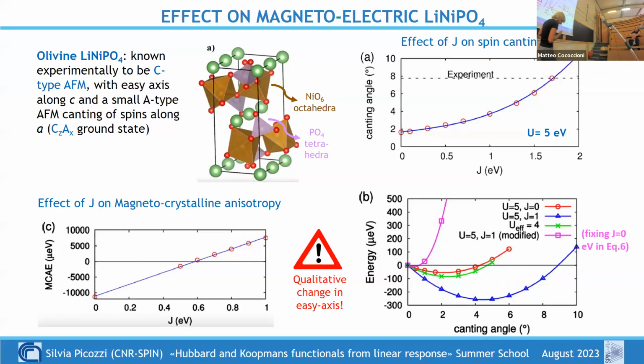What is even more serious is that, for example, if you try to evaluate the magnetocrystalline anisotropy, so you evaluate your total energy as a function of the spin direction, then you go from an easy plane to an easy axis behavior as you change J. So the bottom line is that you get a qualitatively wrong, I mean, strong qualitative dependence on the J. So an evaluation of the J would certainly be welcome in this case, because this would give a way to estimate basic properties.